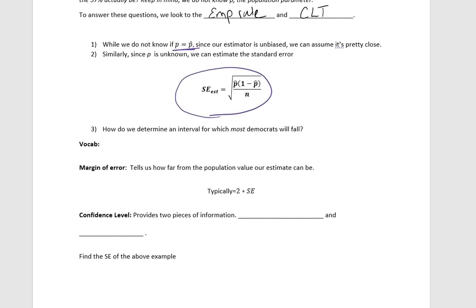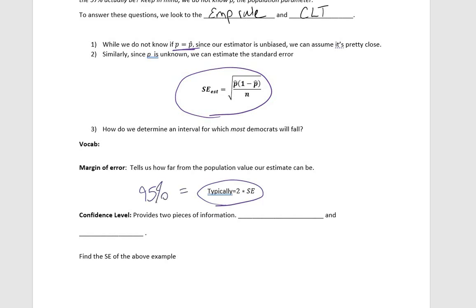If we want to determine in which interval our Democrats will fall, first we need to find out the margin of error. That's going to tell us about how far off we can expect our estimate to be. Typically our margin of error is 2 times the standard error. That's going to give you a 95% interval by the empirical rule.